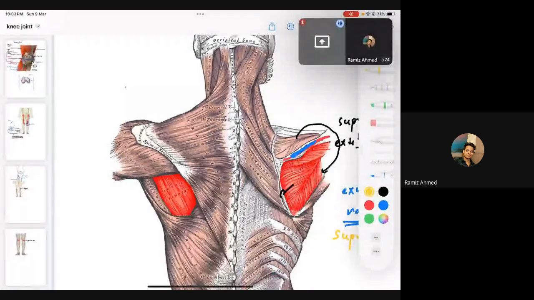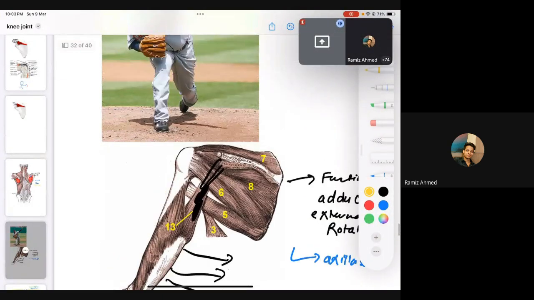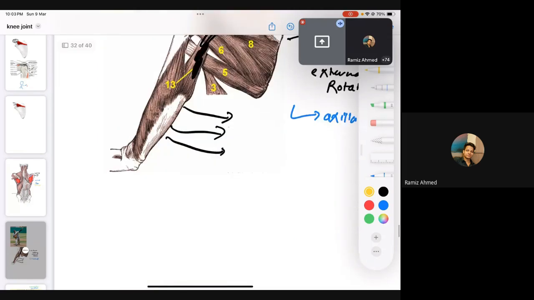Can you please tell us about teres minor? What's the function of the teres minor muscle? It does external rotation and also adduction. Can you tell me the nerve supply? The axillary nerve.